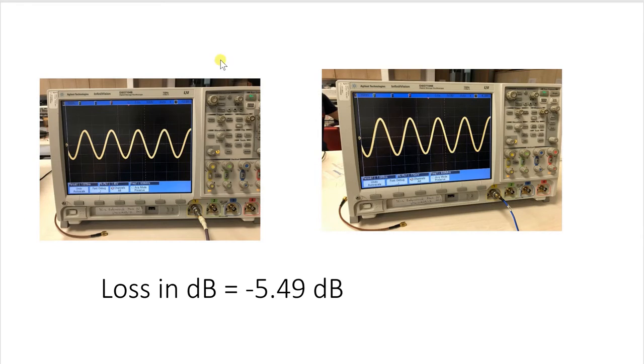Then I plugged the SMA connector into another device and measured the input and the output voltage. The input is 1.45 volts and the output voltage is 770 millivolts. So the attenuation is calculated and it's approximately minus 5.5 dB, which is lower than 10 dB.